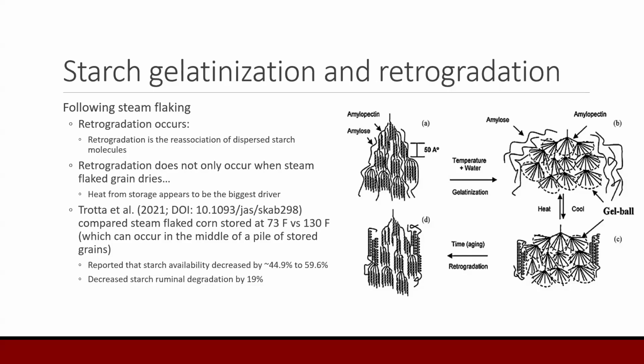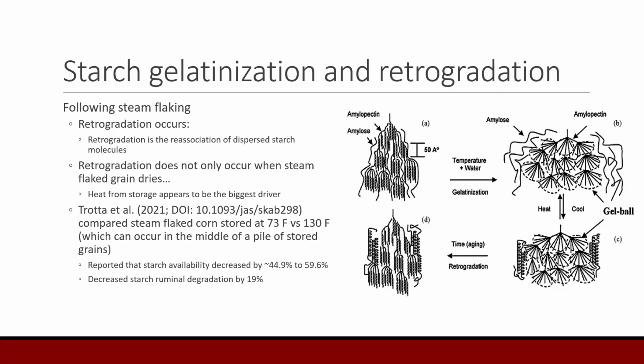Now, you can look at that paper and figure out what exactly those conditions were that they were exploring. I don't remember. But good question. So kind of an appreciable amount. Still likely better than dry rolled corn, but real old steam flake corn is not going to be the same as fresh steam flake corn.